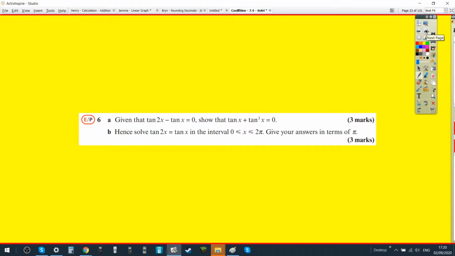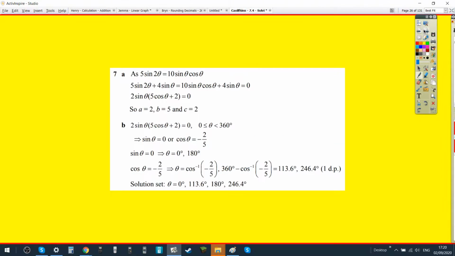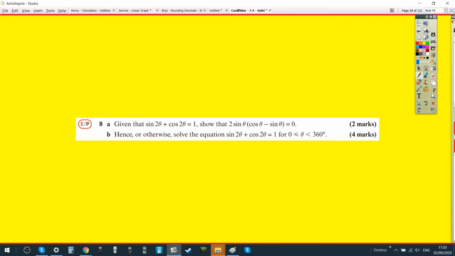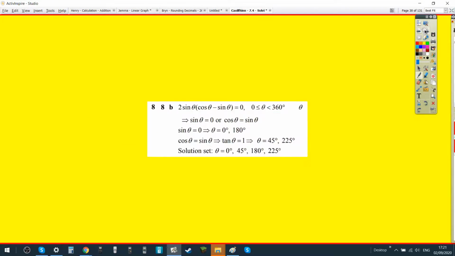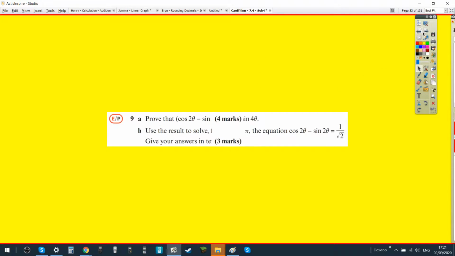Just sub it into your formula, sub into formula, hence solve. I think there's nothing more to it. It's all the same. You just put it into your double angle formula.